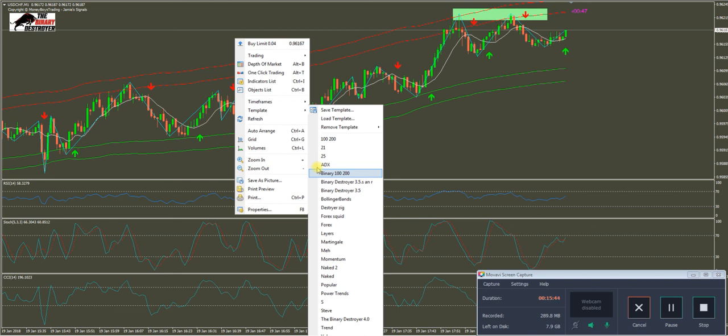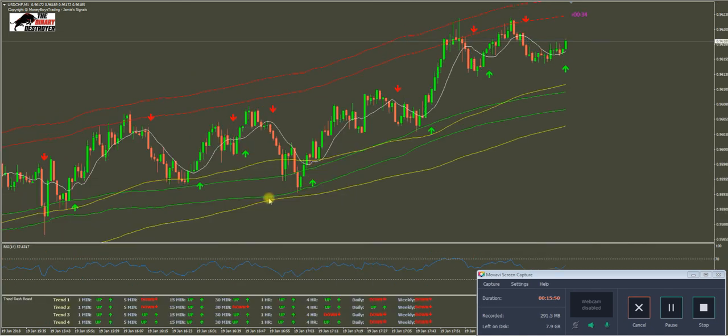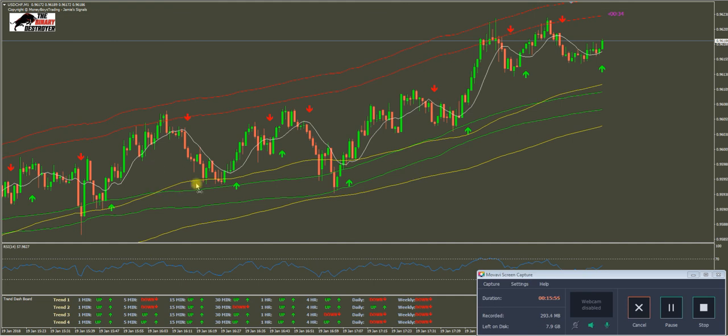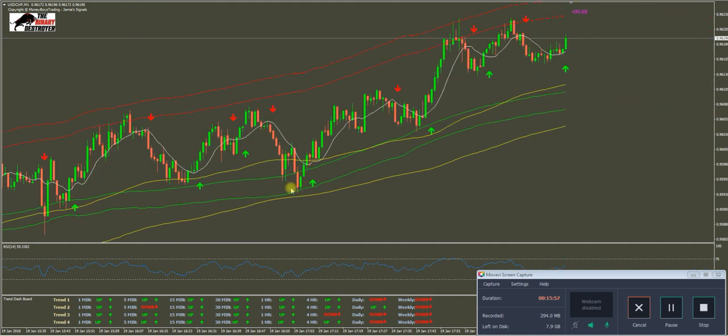Now a guy in the VIP group came up with this strategy, and it's a really good strategy to trade. Look at that beautiful signal there. It's a beautiful confirmation to get into a trade when that signal arrow is in the middle of these 100 and 200 EMAs.